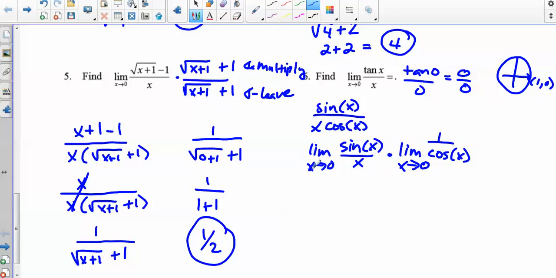The limit as x approaches 0 of sine x over x, we memorized that on the top of our page, that answers 1. The second one we're going to do direct substitution, so put the 0 for the x, and I have 1 over cosine 0. Remember that cosine is going to be your x value, so the cosine of 0 is 1. So 1 times 1 over 1, my answer is 1.